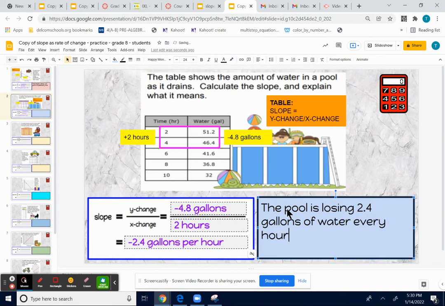It doesn't have to be in any certain wording. I just want you to get the idea that when you find slope, you're finding how fast your stuff is changing.